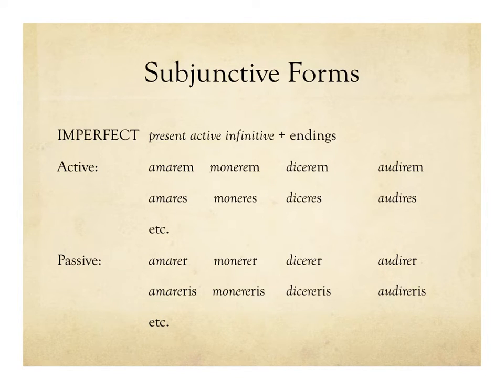The imperfect subjunctive is very similar, except we're just going to use the present infinitive, active, and then we're going to add those same endings. So instead of something like amo, ames, we're going to have amarem, amares, right? So our second principal part, our present infinitive, is amare, and we just add the endings to that.